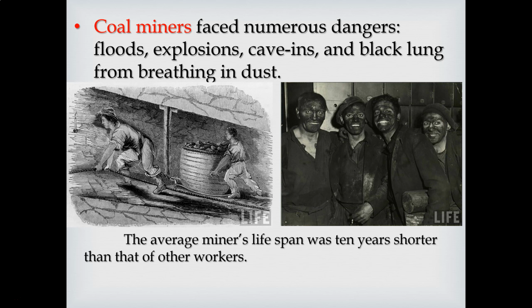Mines, of course, could cave in, and even if you survived the water, the explosions, the cave-ins, what you're really facing is the danger of all that dust that you're breathing in. They didn't have the kind of respirators and things coal miners have today. And so they would often develop something called black lung, which basically means your lungs just get ruined from breathing in all that coal dust.